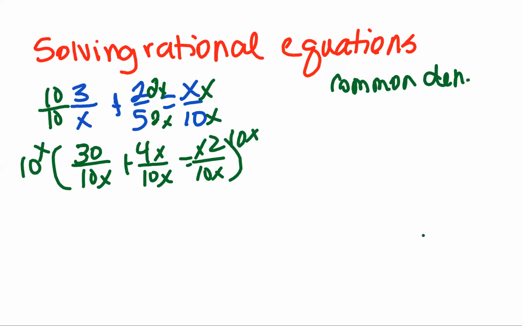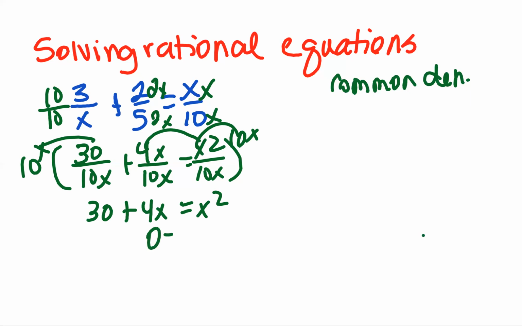That would give me 30 plus 4x is equal to x squared. Okay, this is quadratic, so I know that it has to equal 0. So I get 0 equals x squared minus 4x minus 30.